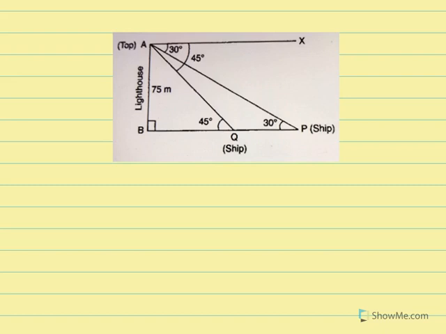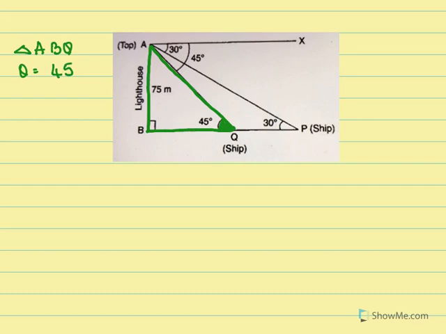So here's the figure. Once again we got to choose our two triangles. So we'll take 45 first. The triangle which contains 45 is ABQ. So we start with triangle ABQ, the theta is 45.